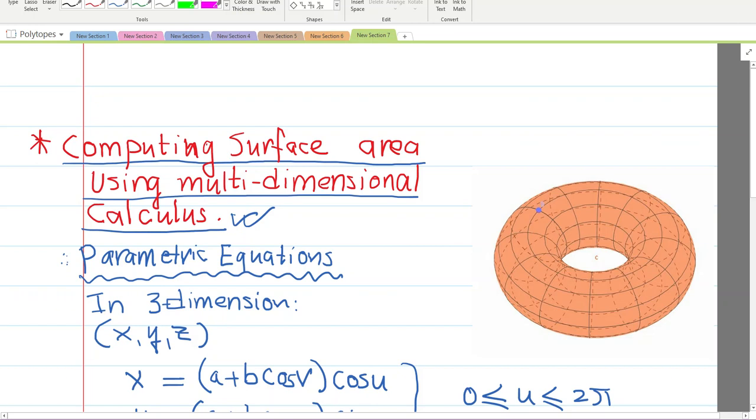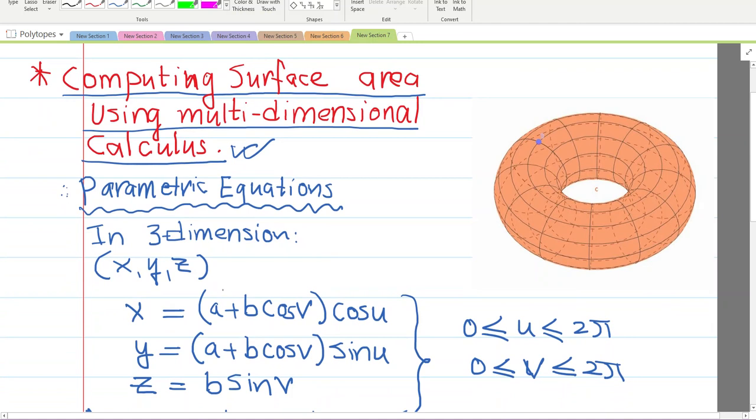Okay, so this is the torus, and there are two constants, A and B. Like before, A is the radius from this center right here to the center of this torus, and B is the radius of this circle over here, the radius of this donut.